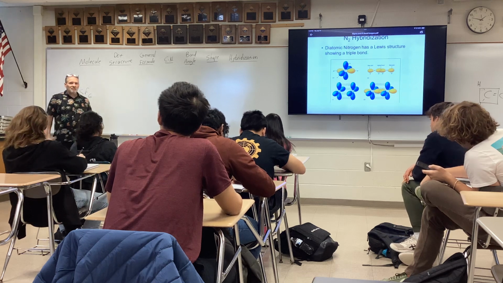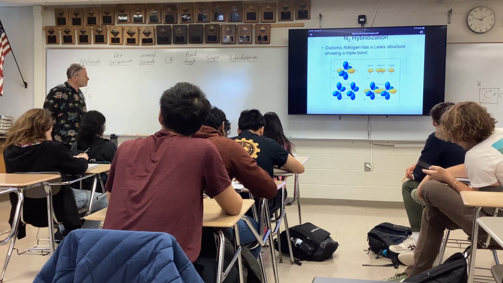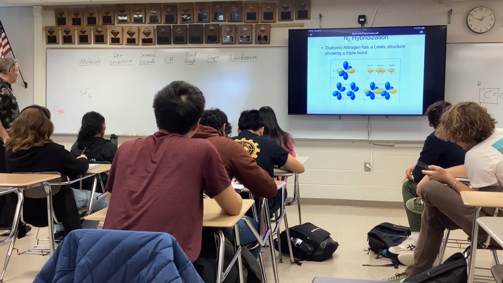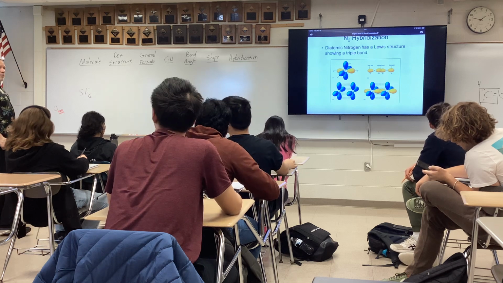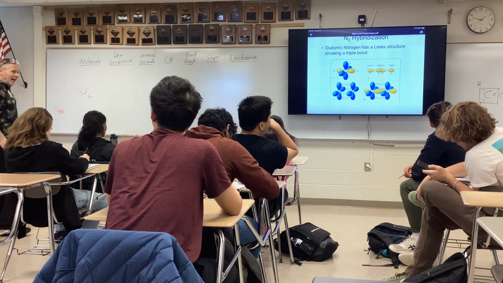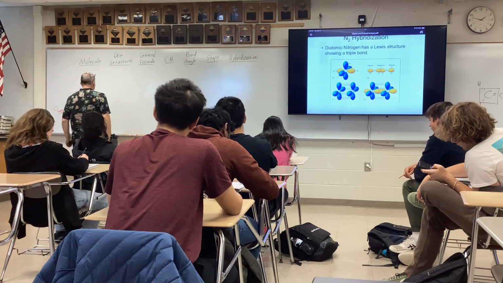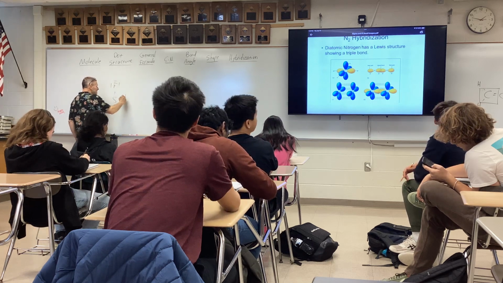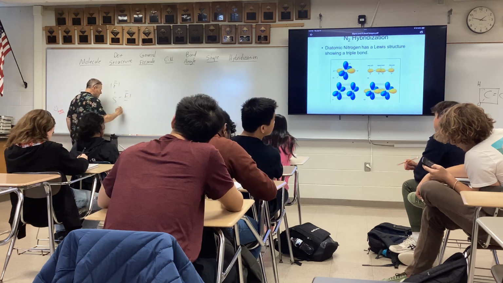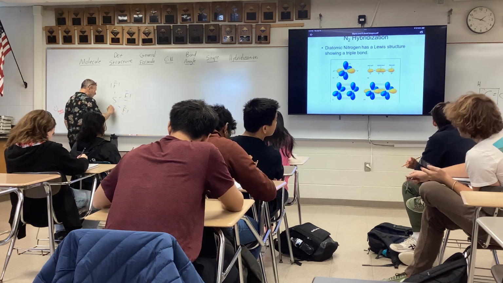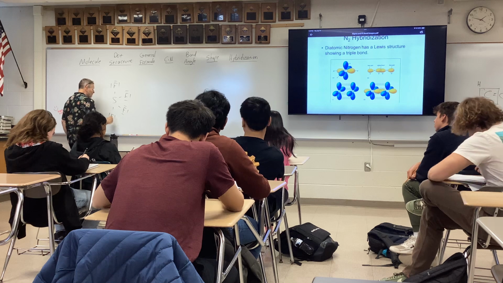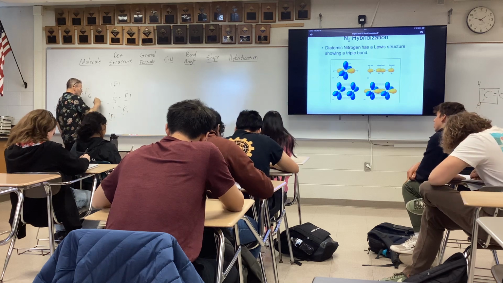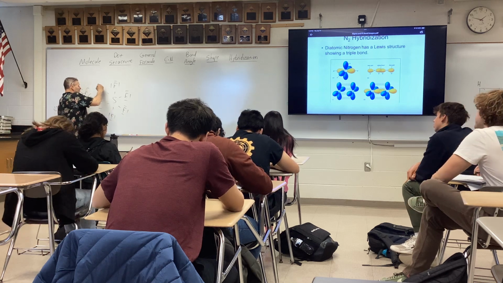SF6. As you can imagine, you end up with a sulfur atom with 6 fluorine atoms surrounding it. And of course, I am not attempting to draw this in any kind of manner that shows what it might look like.